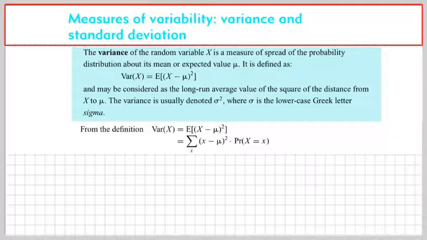So from the definition, Var(x) equals the expected value of (x minus mu) all squared, which is the sum, there's your Greek capital sigma, over all values of x, of x take away mu, squared, and then multiplied by the probability that your DRV equals that specific value of x.